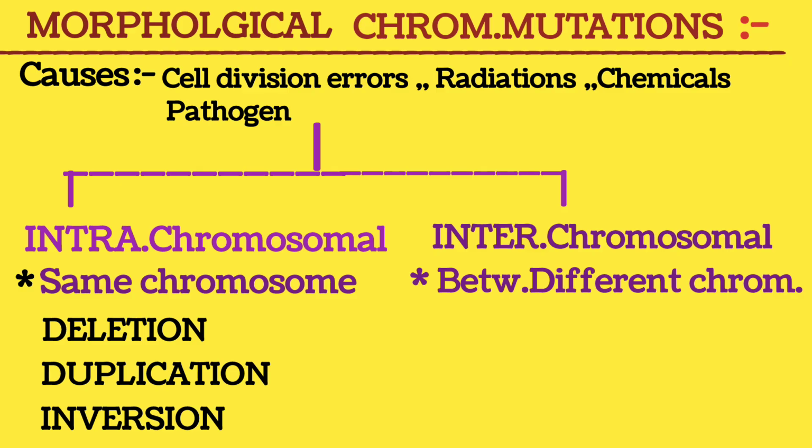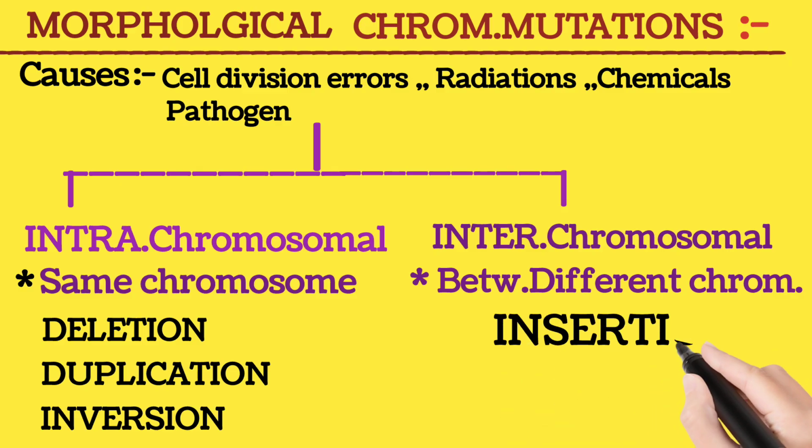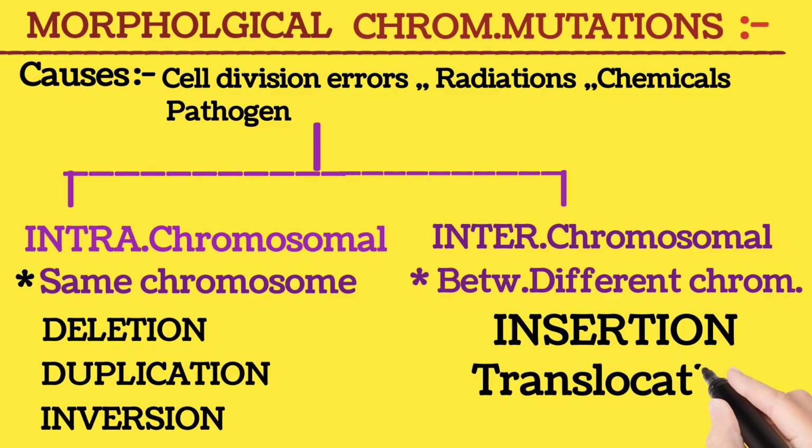Dear friends, accordingly interchromosomal mutations also have subtypes like insertion, and the last one is known as translocation. I hope you got the types of intra and interchromosomal mutations by all means. Now we are going to explain these terms one by one in a detailed manner.